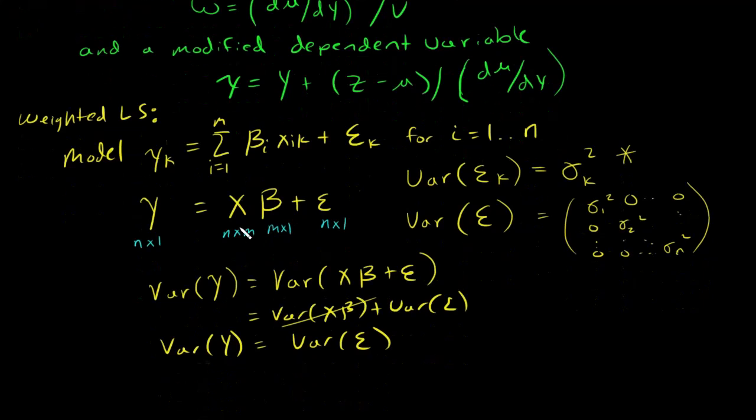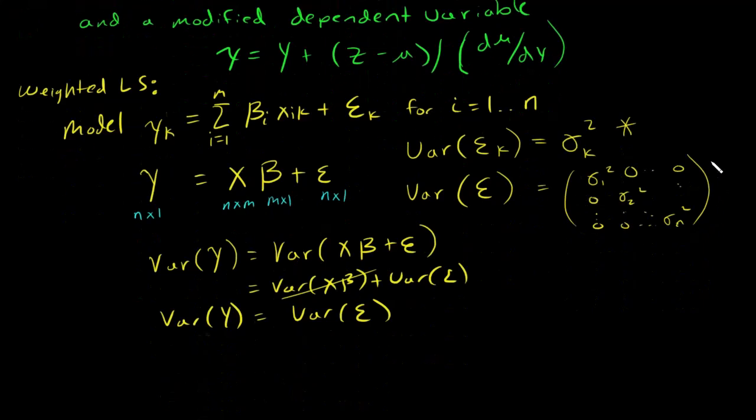Okay, so what weighted least squares does to address this problem is it defines these weights. These are called the inverse variance weighted least squares. Inverse variance weighted least squares has very nice properties. It gives us back the situation where I had constant variance, so people like this method.